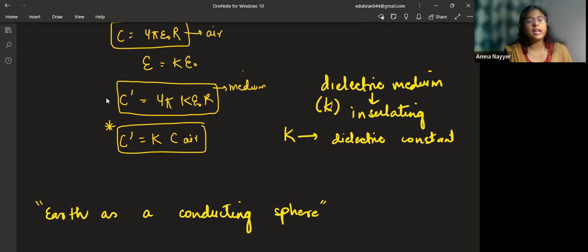Such types of questions you can manage by yourself just by looking at the form. All right. Now, this is one concept where the earth is acting as a conducting sphere. This is a very common question, that's why I have made it a separate heading. This is clear till here?